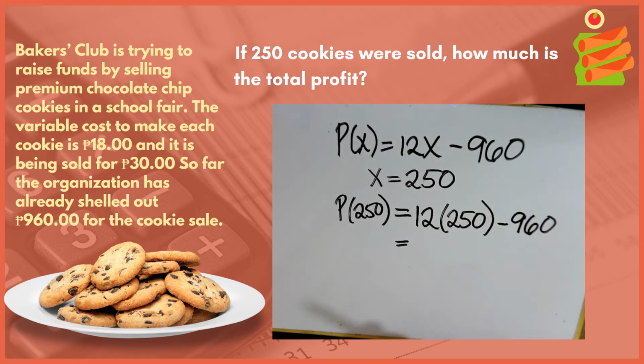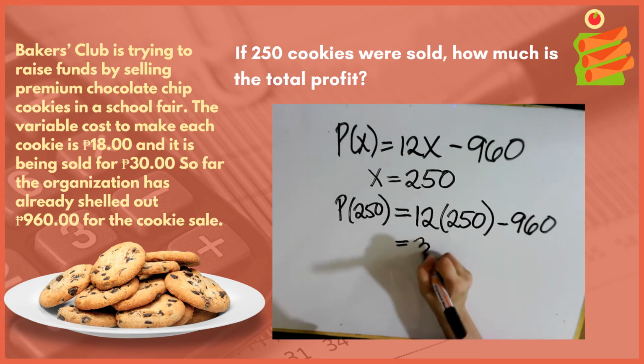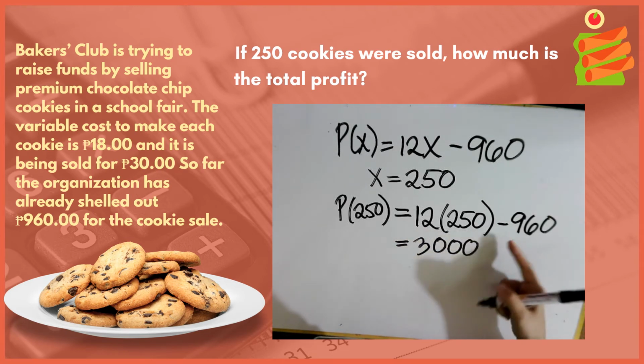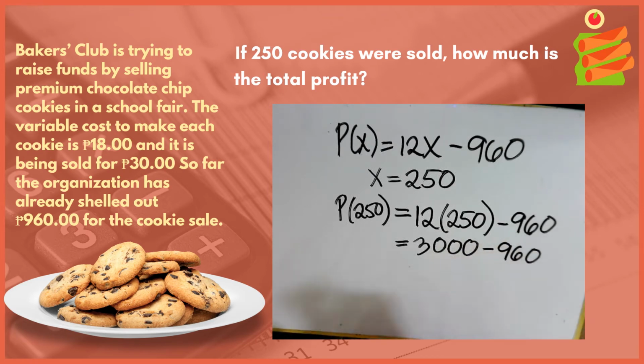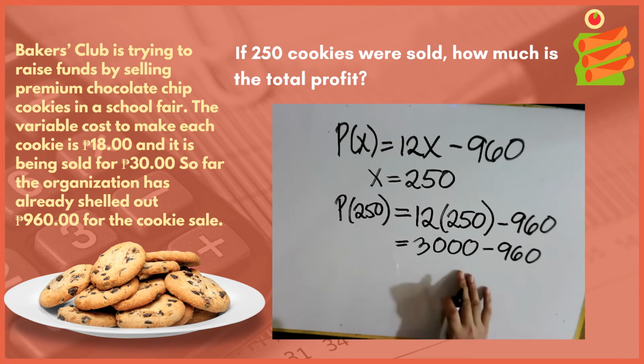So, what is 250 times 12? 250 times 12 is equal to 3,000. And then, just copy minus 960. So, next is to subtract 3,000 minus 960.